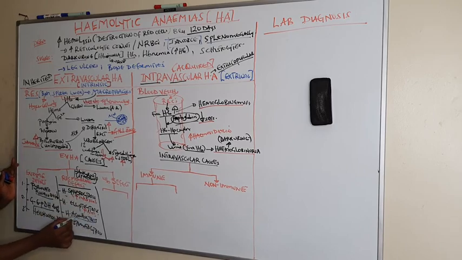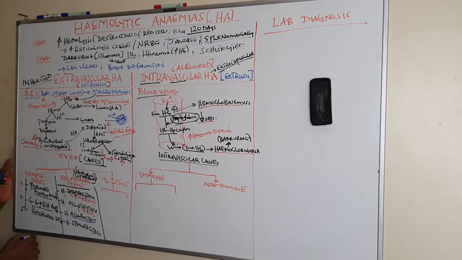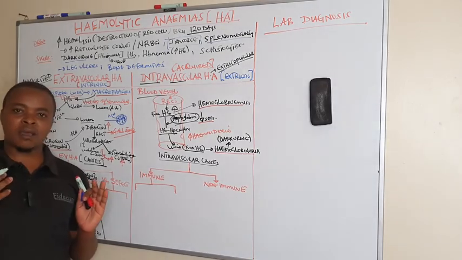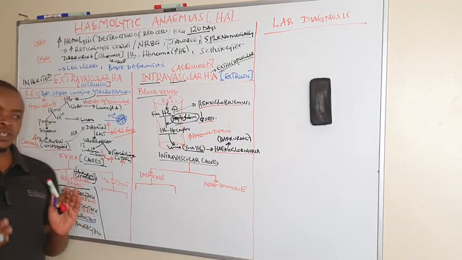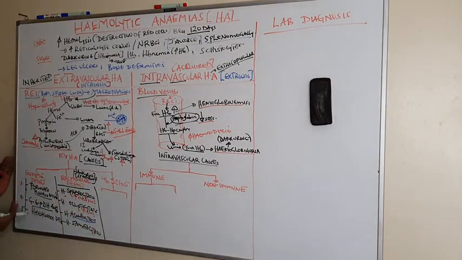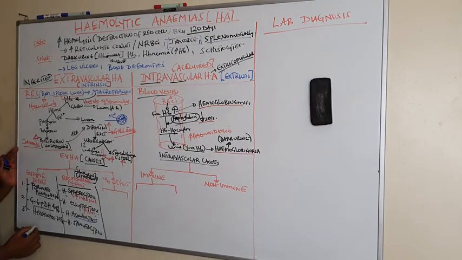Then acanthocytosis is seen in abetalipoproteinemia, which is a defect in the metabolism of fats in the liver. We shall see how acanthocytes look in the peripheral film. Then stomatocytosis is due to increased influx of potassium ions.